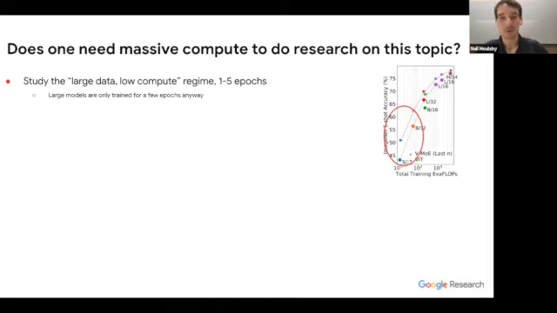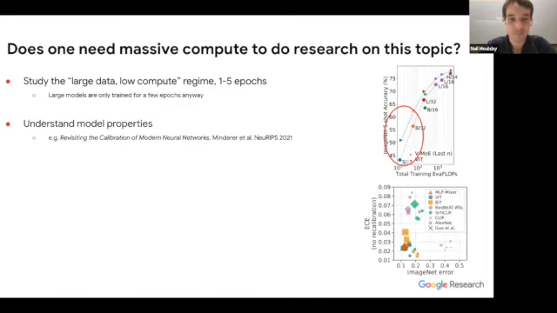But importantly, this is all in the low epoch regime. So we're not training ImageNet for 90 epochs or 300 epochs. This is like 1 to 5 epochs, because at the end of the day, these big models are so heavy that they're only going to train for a couple of epochs. So studying this large data, low compute, few epoch regime at small scale, I think is very useful for predicting what will happen at large scale.